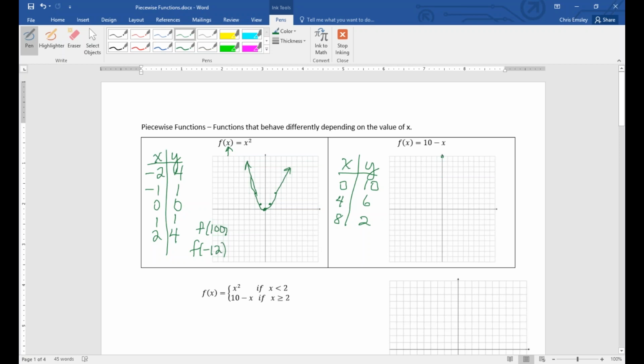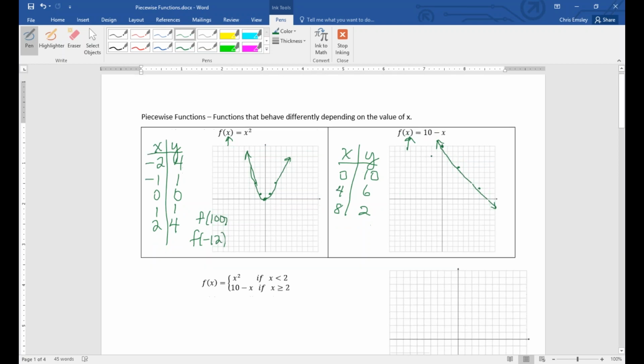Sorry, I was trying to count my little hash marks. 0, 10 would be right about there. 4, 6 would be about right there. And 8, 2 would be about here, so we get a little straight line. Missed the points, you get the idea. Again, we could plug any value we want to in here for x and calculate what f of x was.